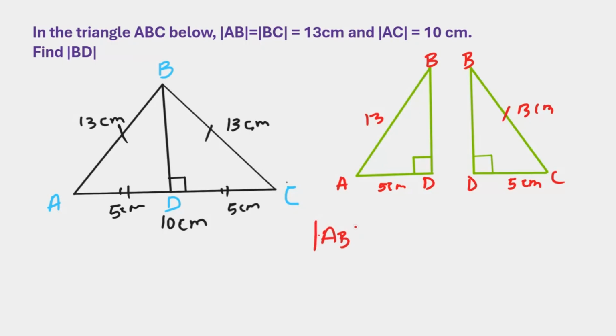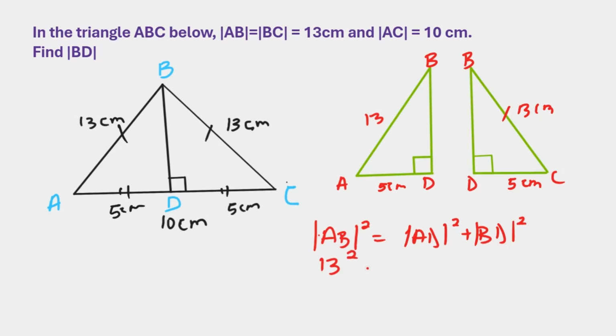So we have AB squared equal to the sum of the squares of the two other sides. So we have AD squared plus BD squared. Let's do the substitution. AB is going to be 13.